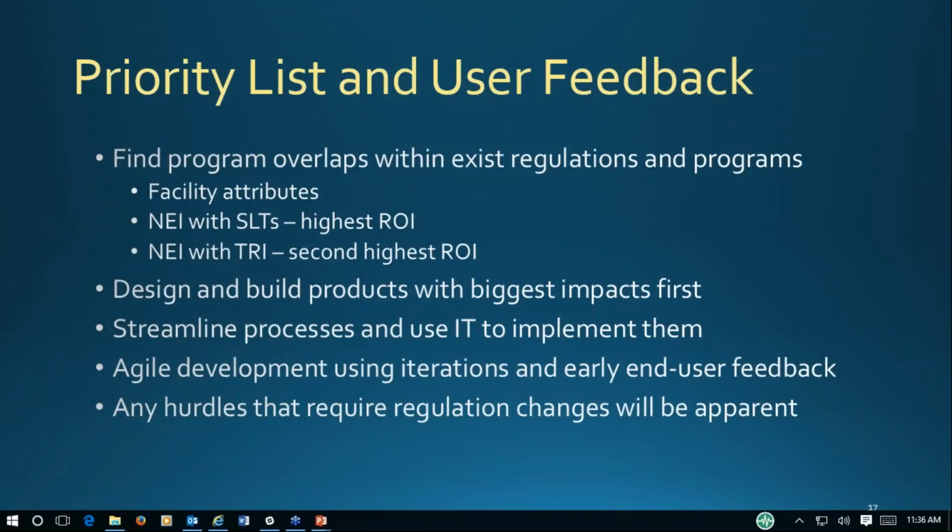We're going to be very aggressive in using agile development, which is looking to make small incremental improvements that have the ability to get feedback and interaction early on, so that we're all developing forward in a combined fashion.